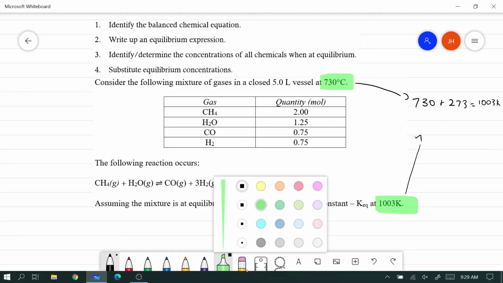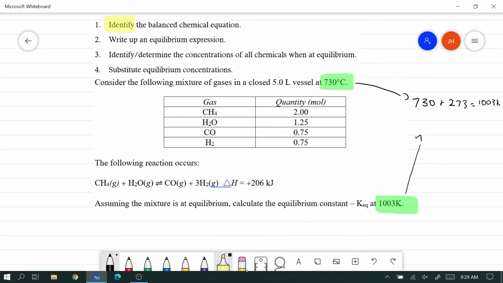The next thing that I want to emphasize is our steps. So what we need to be doing first is identifying the balanced chemical equation to solve this problem. That's there. So we can be using those chemicals and their molar ratios and all that sort of stuff to, in a moment, write up an equilibrium expression. So I'll do that in a second.